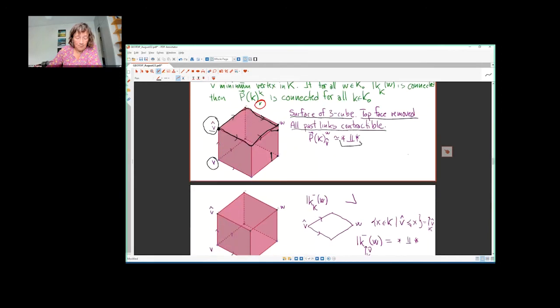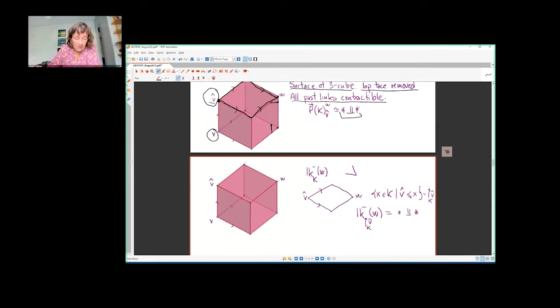Well, the problem is, you might say, that if we look at the link of W in the original space, we get what I showed before. We get a wedge like this. If we look at the link in what's interesting, namely the space between this V hat and this W, the past link of W is a point and a point.